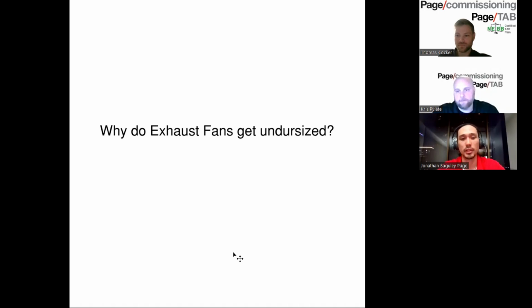There's other issues too that happen in renovation projects, for example, where an engineer could not be expecting as many bends or turns inside of a chase, or a chase gets relocated, and that can eat up static pressure.